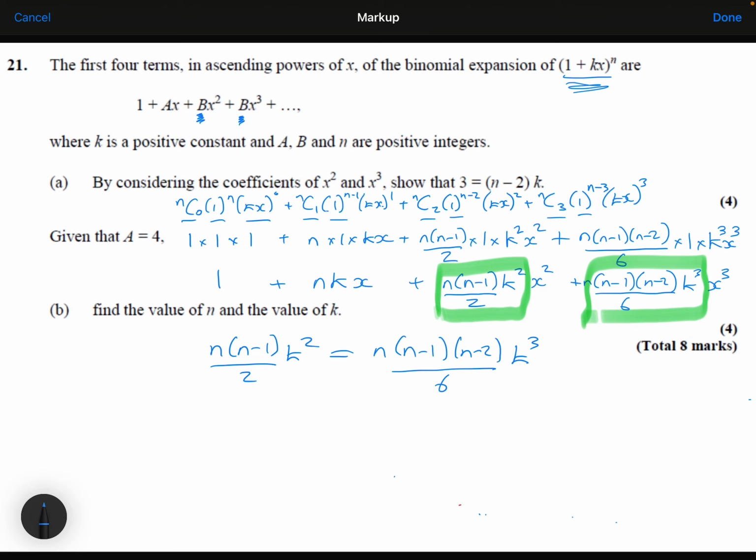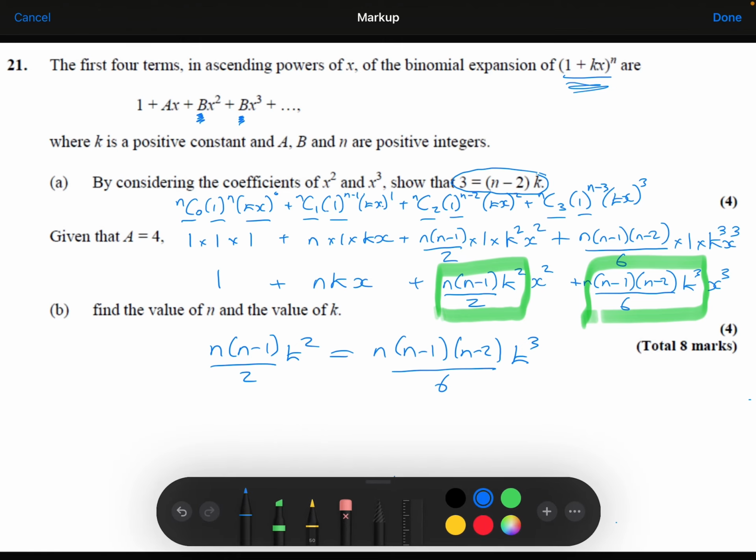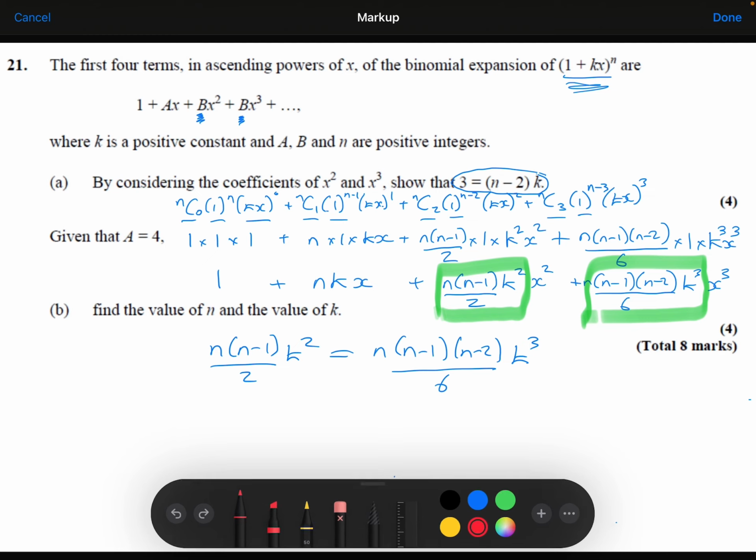Right, now to simplify this and hopefully show that it reduces to 3 = (n − 2)k, I can multiply both sides by 6 to get rid of this denominator.